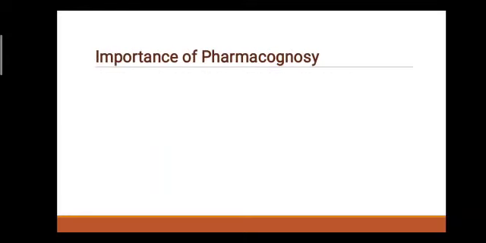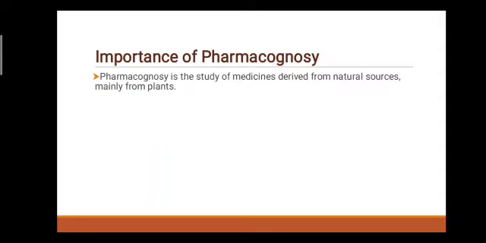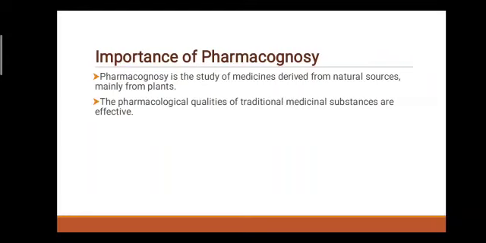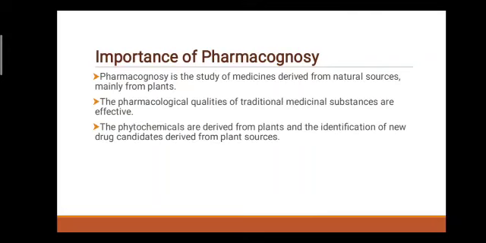Next point, importance of pharmacognosy. Pharmacognosy is the study of medicines derived from natural sources, mainly from plants. The pharmacological qualities of traditional medicinal substances are effective. Phytochemicals are derived from plants, and new drug candidates are identified from plant sources.